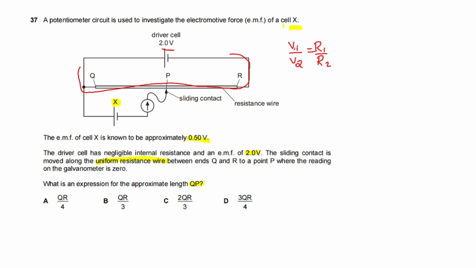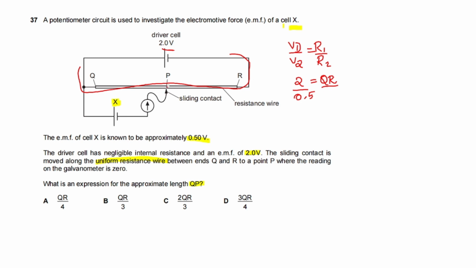So I'm taking subscript 1 for the driver cell. V1 is 2 volts and R1 is the total length QR of the resistance wire. Then V2 is the voltage of the unknown cell, 0.5, and the length over which it is distributed.